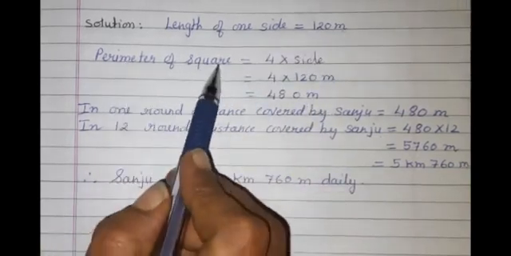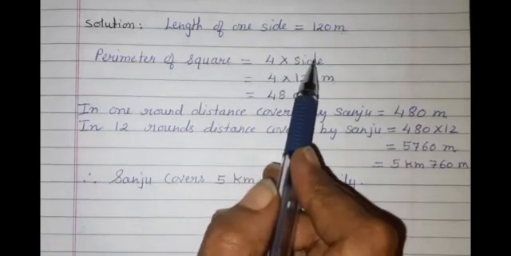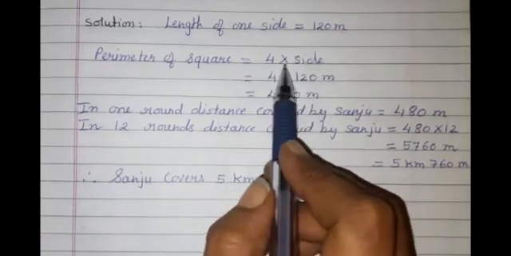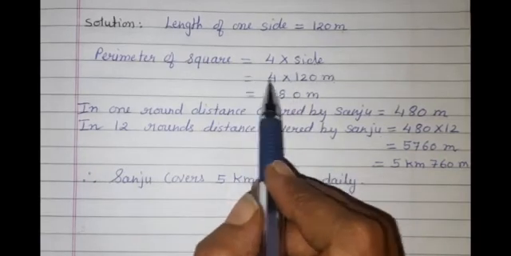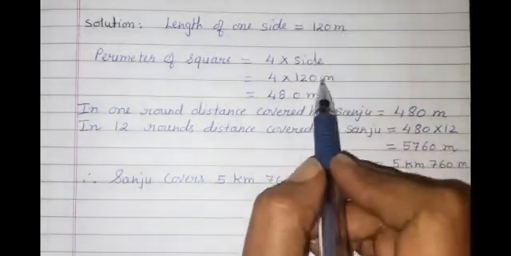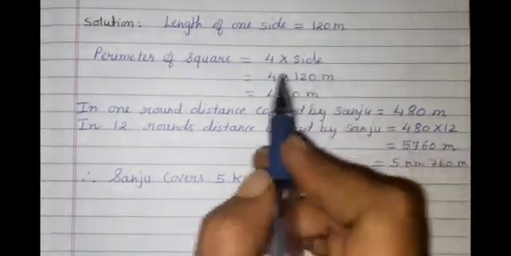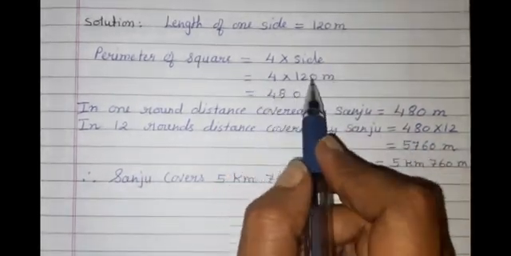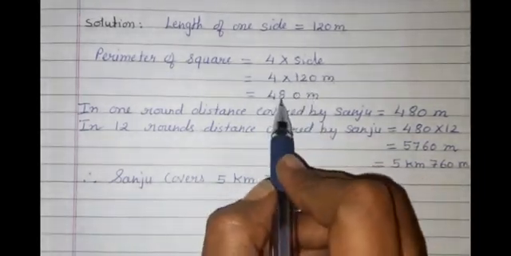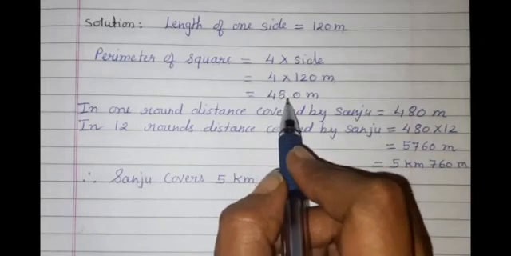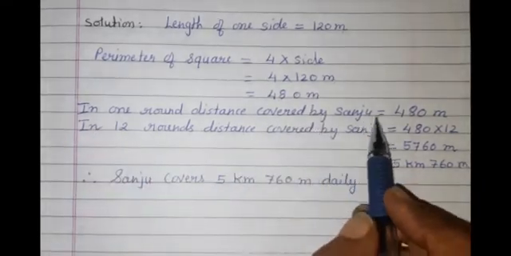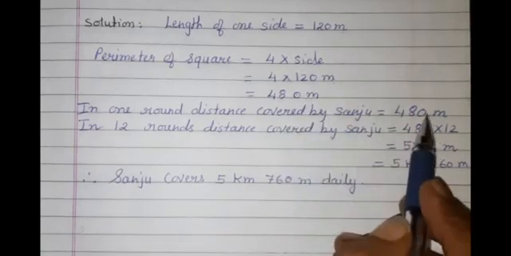So the perimeter of a square is equal to 4 multiplied by the length of one side. Here is 4 multiplied by side, which is 120 meters. So write here 120 meter. Now make the multiplication, 0 write as it is, 12 4s are 48. So 480 meter. In one round the distance covered by Sanju is equal to 480 meter.